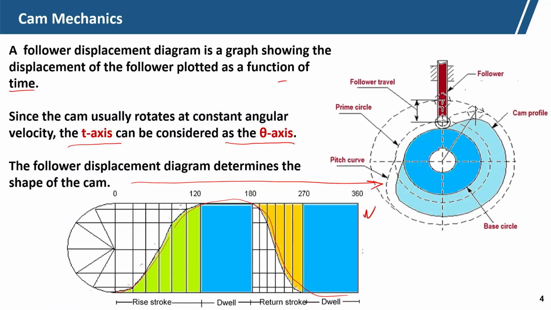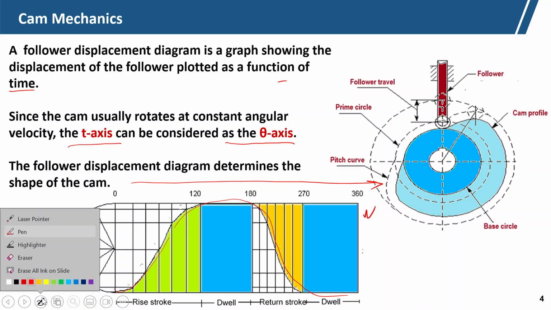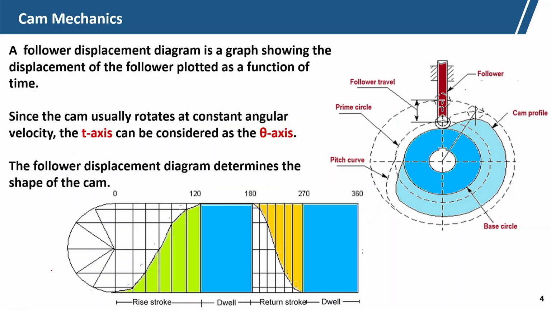Now, this is the cam profile. In this cam diagram we can see that we have different points. This is the cam, the light blue color, the cam profile here.